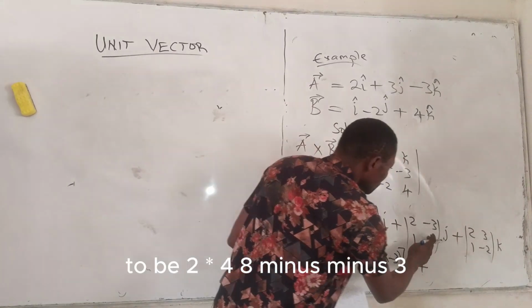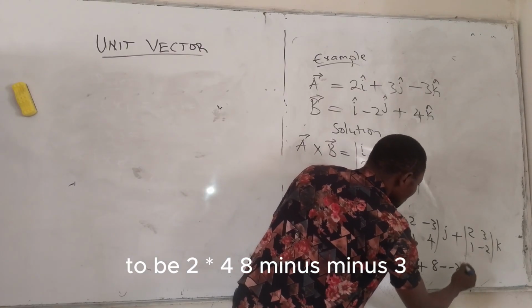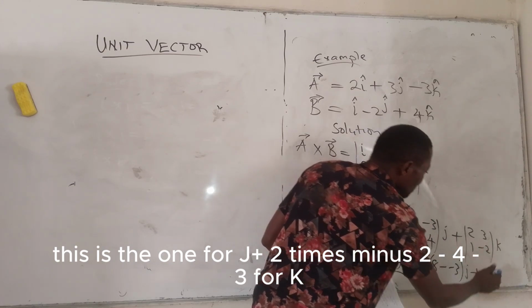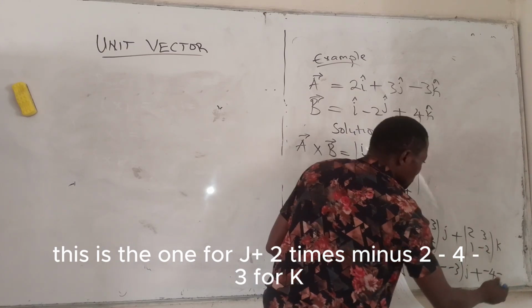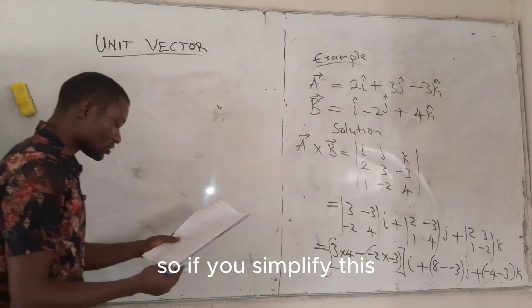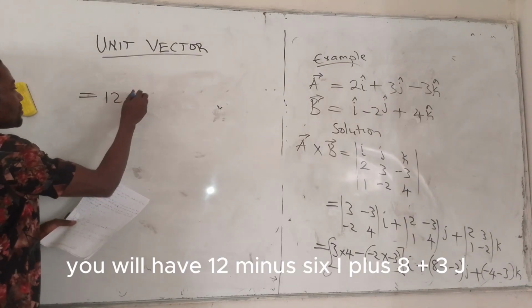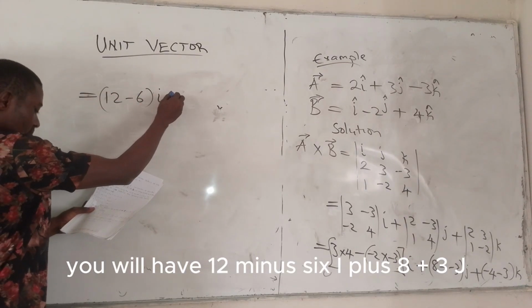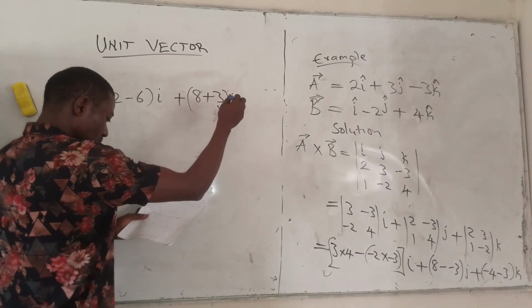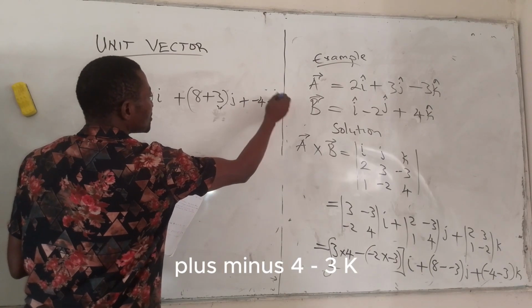It will be 2 times 4, 8, minus minus 3. This is the one for J, plus 2 times minus 2 minus 4 minus 3 for K. So if you simplify this, you will have 12 minus 6 I plus 8 plus 3 J plus minus 4 minus 3 K.